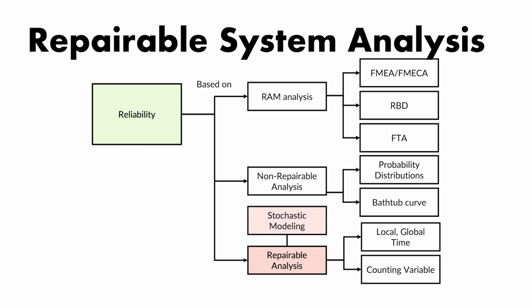Fundamentally we need 3 random variables of interest: the local time, the global time, and the counting variable. These 3 variables will enable us to represent point processes that will model the behavior of our repairable system.